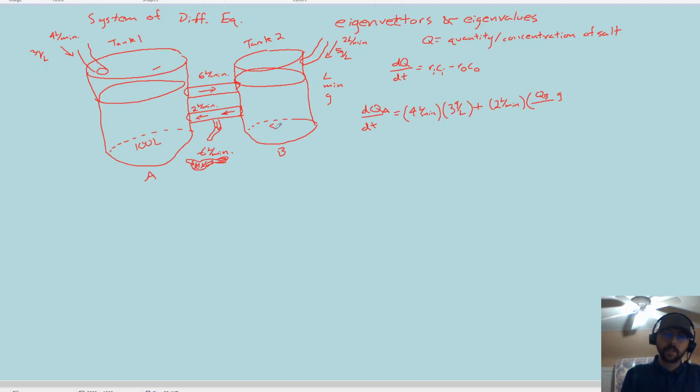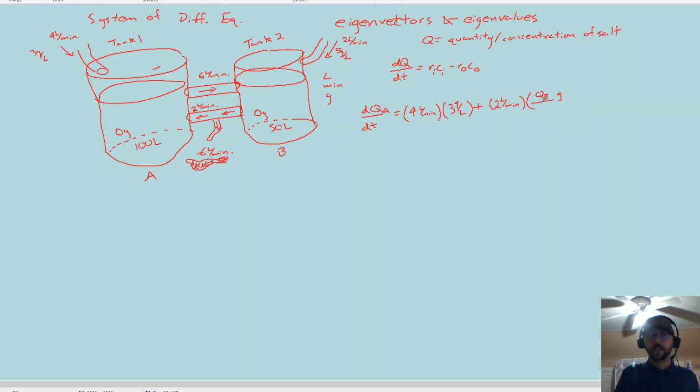This one looks smaller, let's make it 50 liters. And the other initial condition that we would use would be, let's say that A starts with 0 grams initially, and that B also starts with 0 grams, because that's going to make the math easier at the end if I want to actually solve the whole thing. So initially these are pure water.